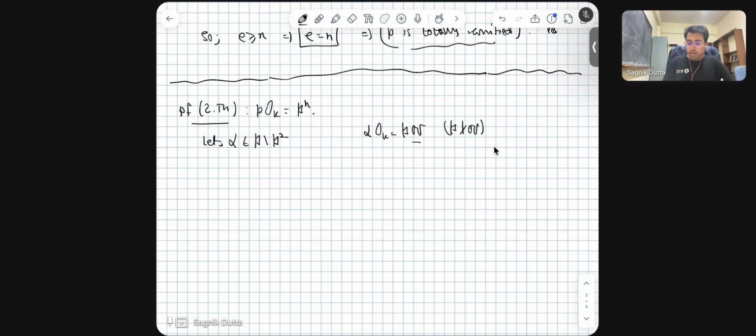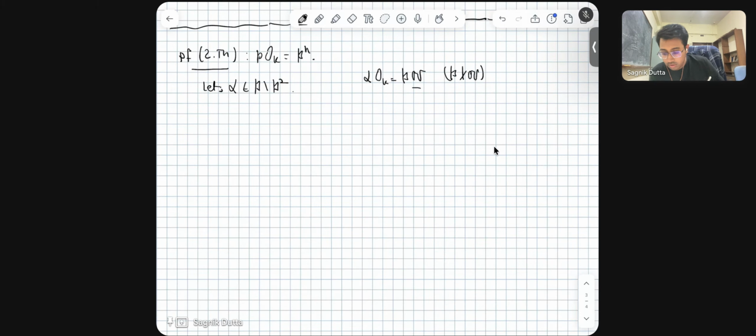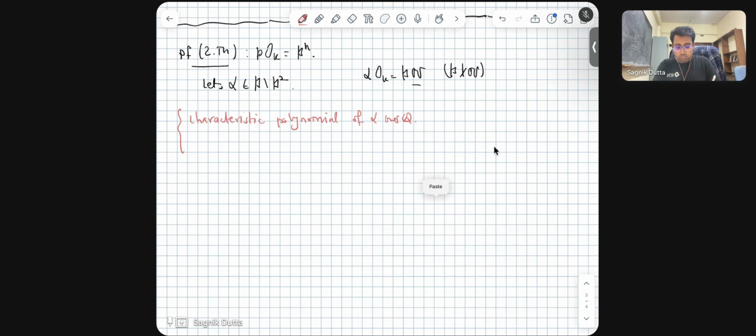Starting with this alpha, we'll show the following: that the characteristic polynomial of alpha over Q is monic of degree n over Z[T], and is Eisenstein at P.